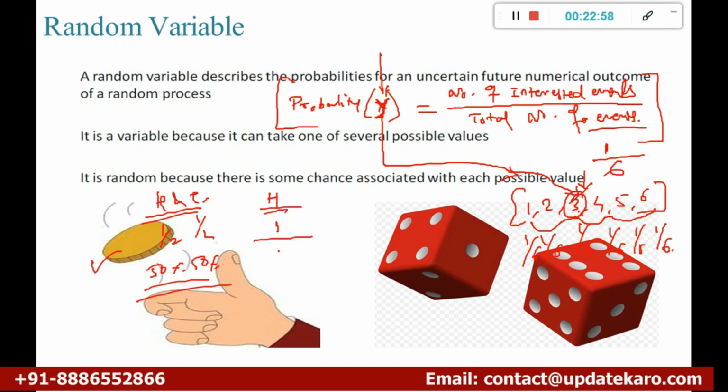And how many total events are possible? I can get either head or tail. So there are 2 events possible, and that is why it is 1 by 2. And similarly it is for tail as well. Right? So that's the random variable and probability definitions for you all.